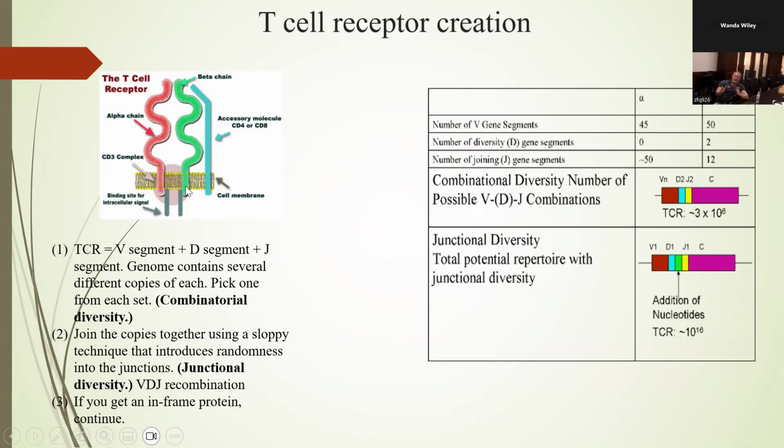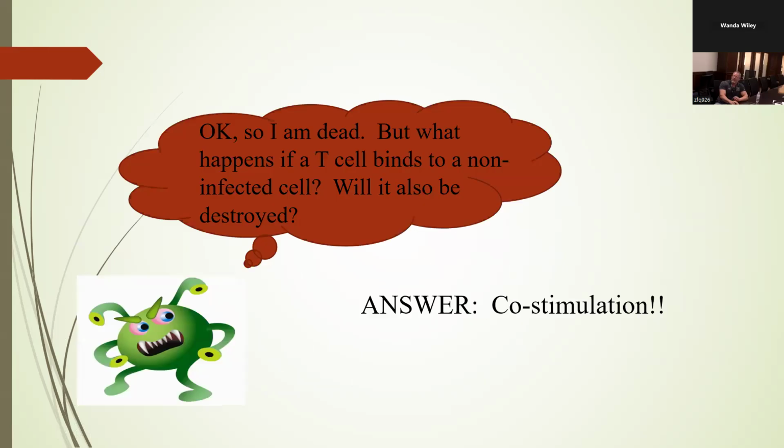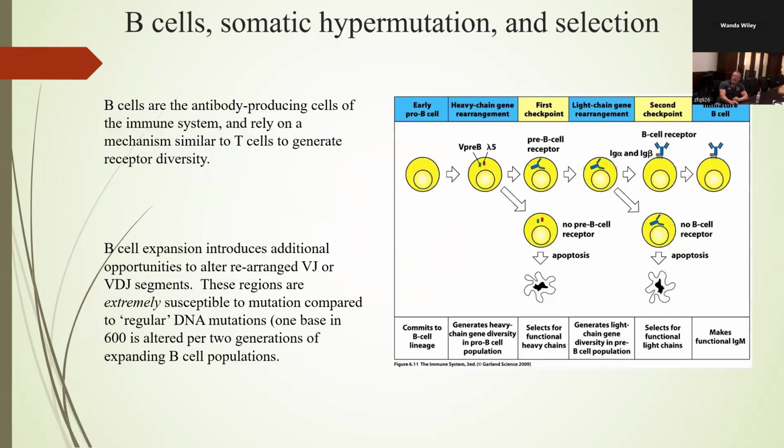The B cell does the same thing. It's the same name. It has the same number of different combinations it can generate, and it uses the same mechanism. So the B cell, just like the T cell, can rearrange its receptor, and it can use different rearrangements of receptors until it finds a receptor that will bind to the antigen presenting cell.